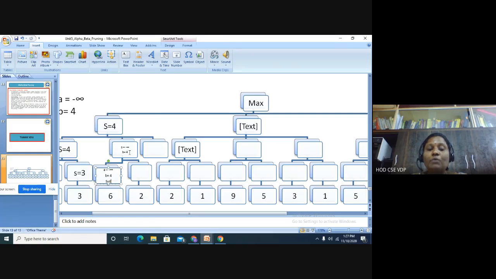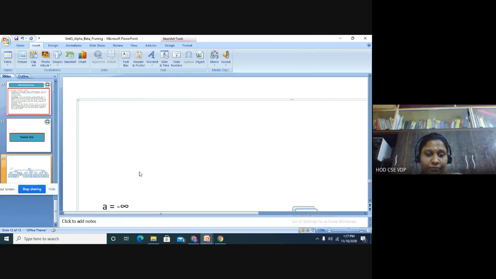Where is the value of s being assigned when it goes up? This happens to be my maximization strategy, so I'll be assigning alpha equal to 6. Minus infinity goes off. So now I have alpha equal to 6 and beta equal to 4, right? So I copy this, and while inheriting I will bring down the values of alpha and beta.